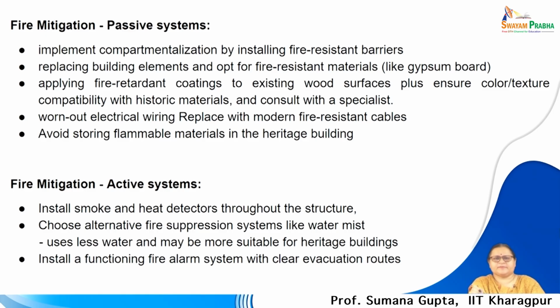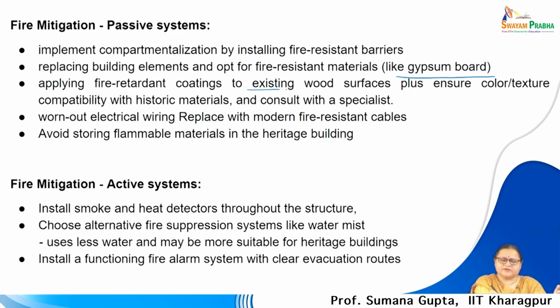Now, passive system and active system both can be adopted in such structures. Compartmentation, as I told you, like chamber A to chamber B, if it is connected, it is very difficult to create a compartment. If they are having connected functions, it is very difficult to close down. Also, respect should be there for the material selection. As you see, we can put gypsum board partitions, applying fire retarding coatings on the existing wood surfaces.